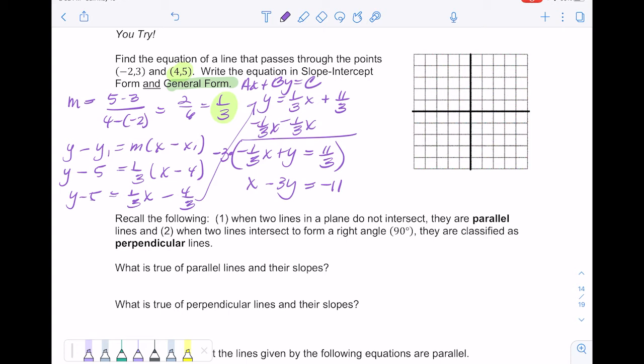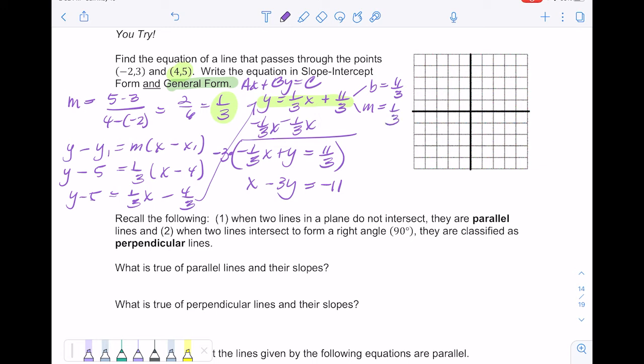We also need to graph. So graphing this, again, you can find the intercepts, or you can use the slope-intercept form and pick out your m and your b. So my b is 11/3, and my m is 1/3.